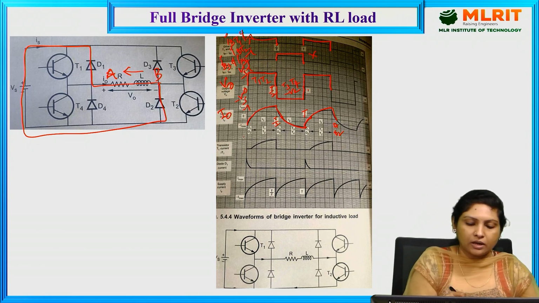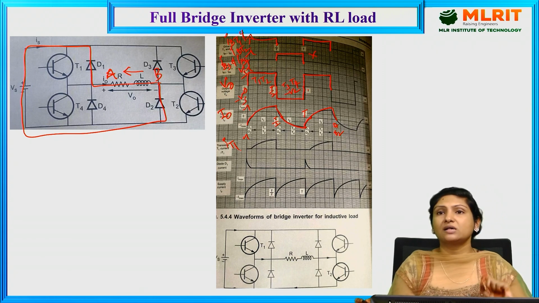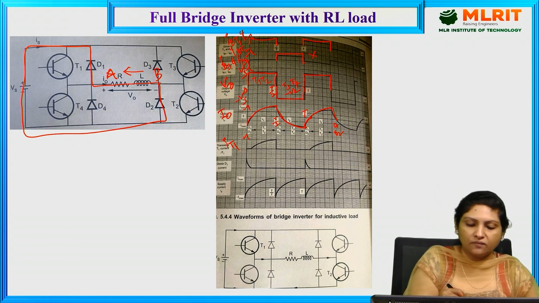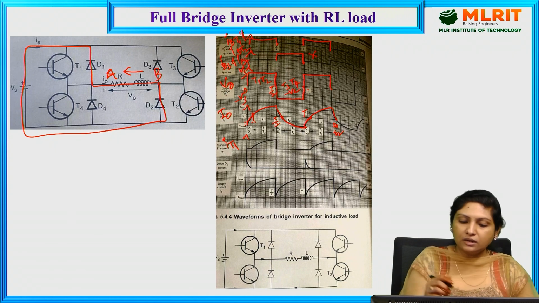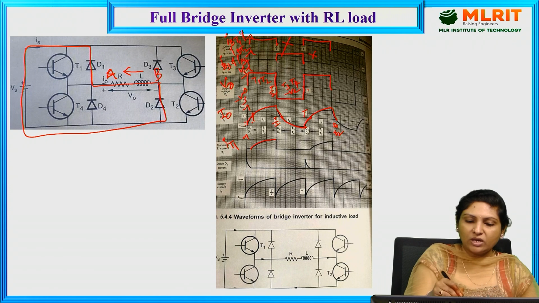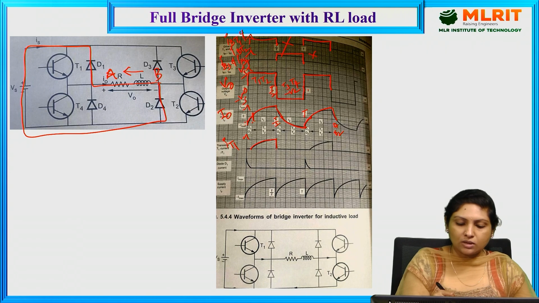And now the current through transistor 1. As long as transistor 1 is conducting, we will get the waveform through transistor 1. So if you see here, D1 and D2 were conducting till this instant. Now at this instant T1 came into picture and is conducting, and since its base drive is withdrawn, the current through transistor 1 is 0.